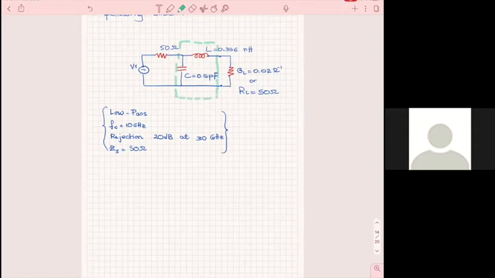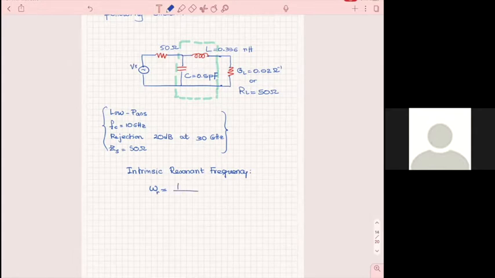Do you remember how we find the resonant frequency? Is it 1 over LC? Yes. Let me call that the intrinsic resonant frequency, and I will call it f sub R, just to differentiate from anything else.